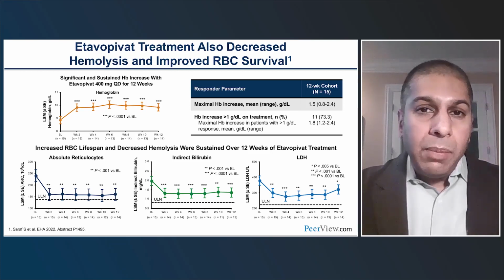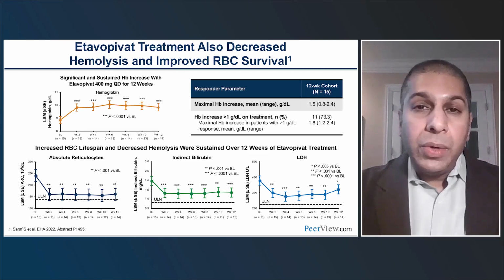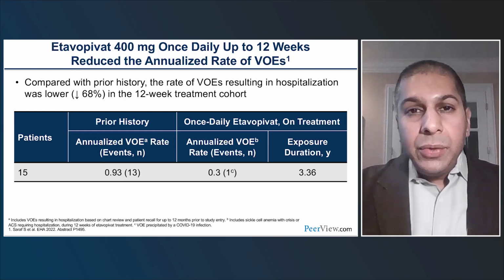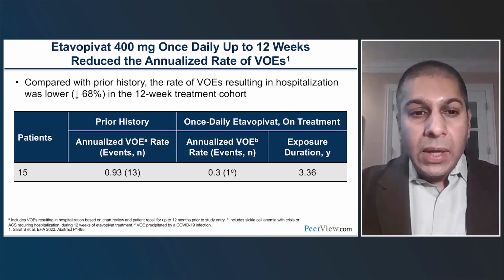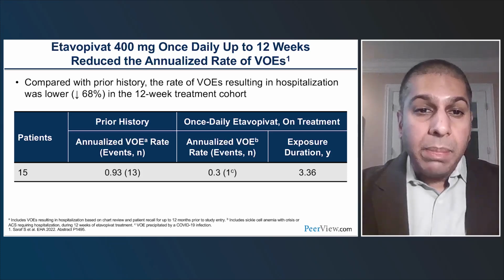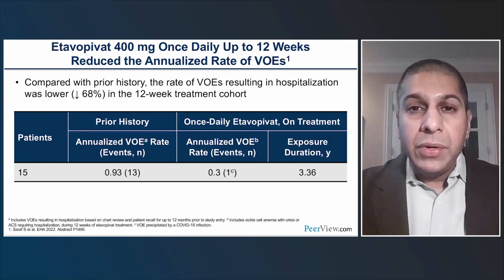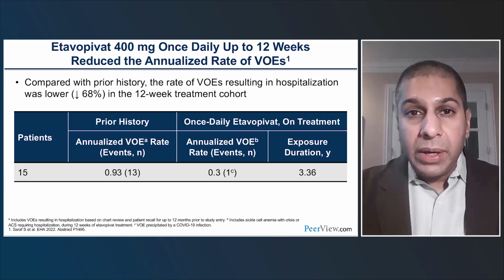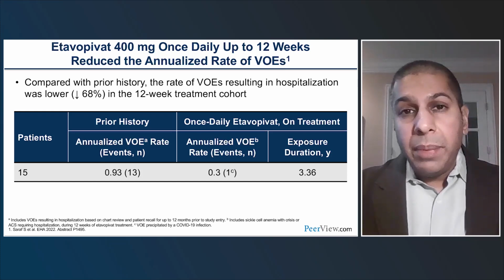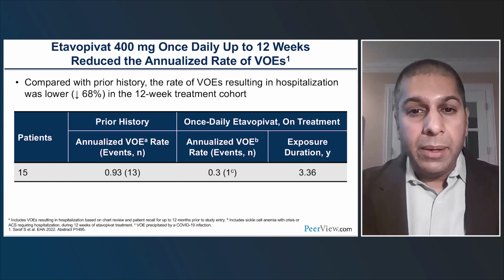Furthermore, all of the hemolytic markers that were assessed showed sustained improvement during the treatment period. The annualized rate of vaso-occlusive episodes went down by about 68% in the 12-week cohort. Comparing the rate prior to starting etavopivat versus on etavopivat, you can see that the annualized incidence rate went down and the rate decreased the longer the patients were on therapy.